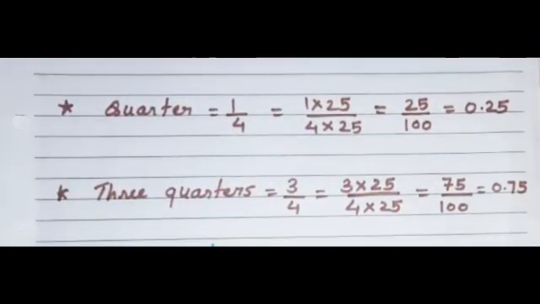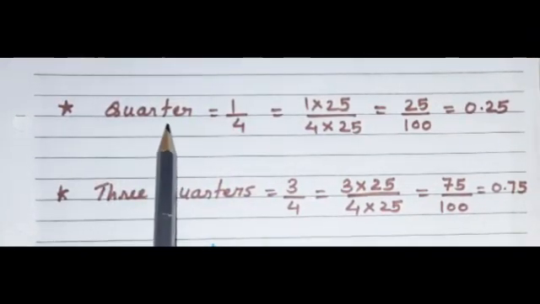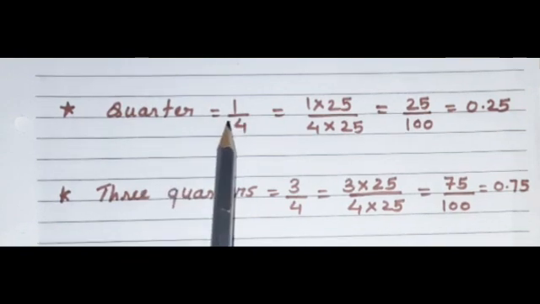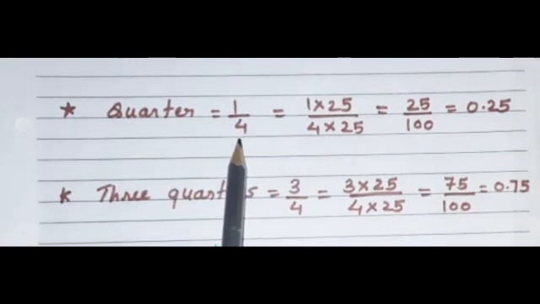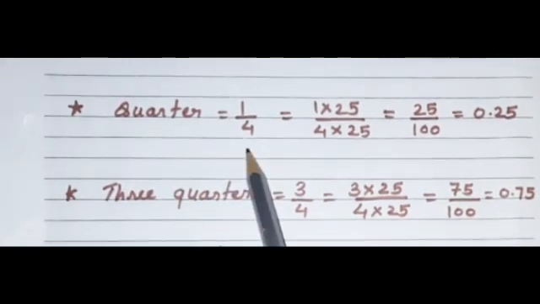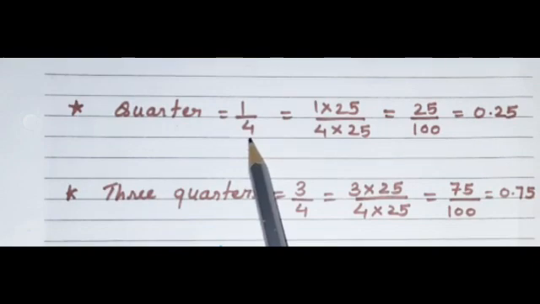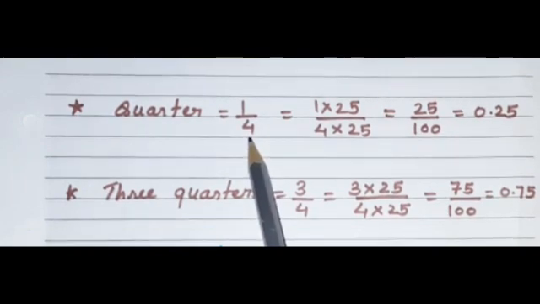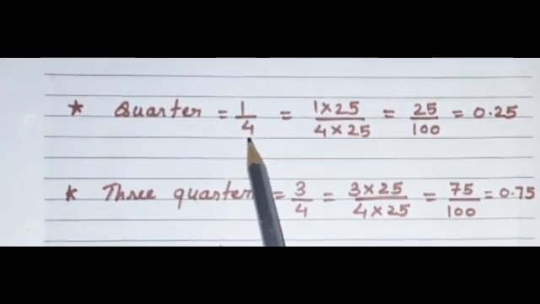Now next is quarter, and quarter is written in fraction as 1/4. To convert a fraction into decimal form, the denominator should be 10 or 100. Here the denominator is 4. Can it become 10? It's not possible because 10 is not divisible by 4.